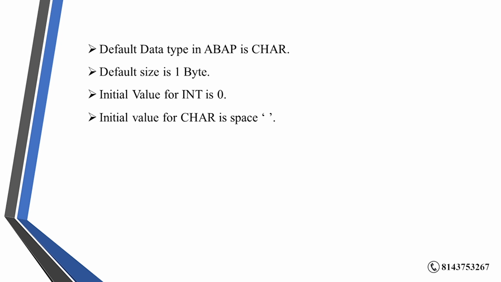If you don't assign any size for the variable, it will be treated as 1 byte, and the value will be space. So the default value, if you don't assign any value to a character variable, is a space. The initial value for integer is 0.